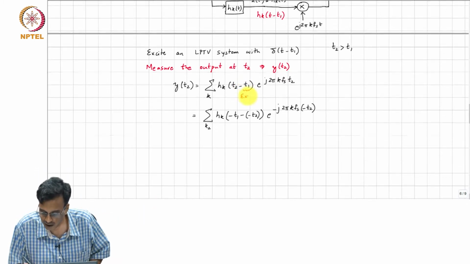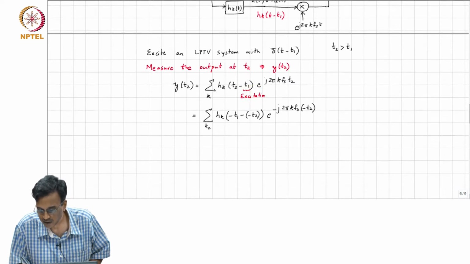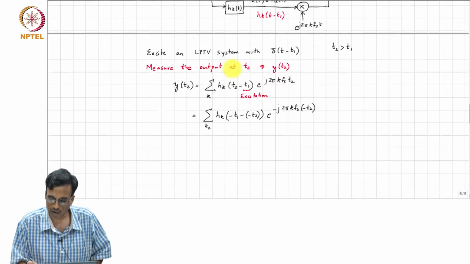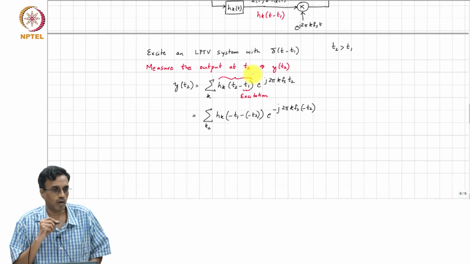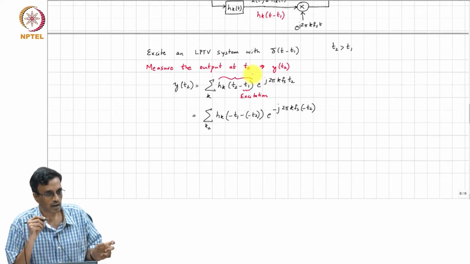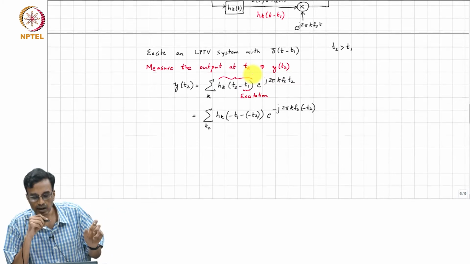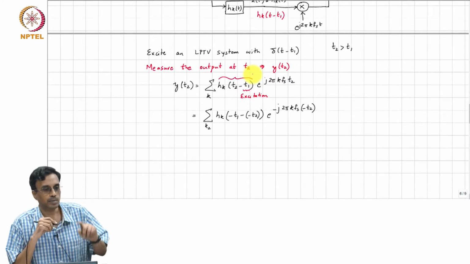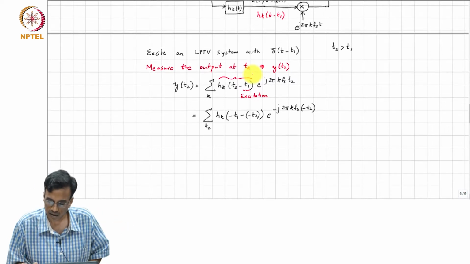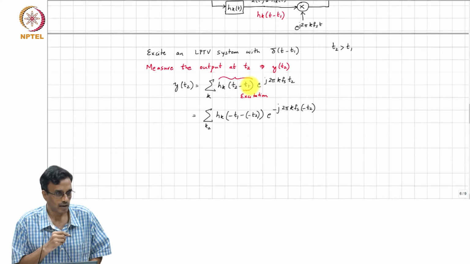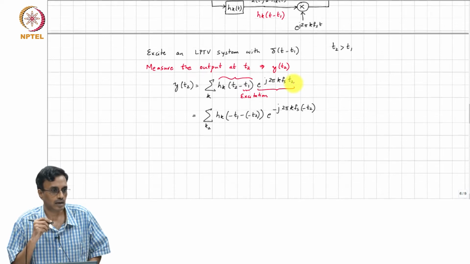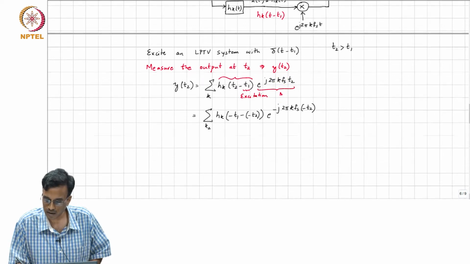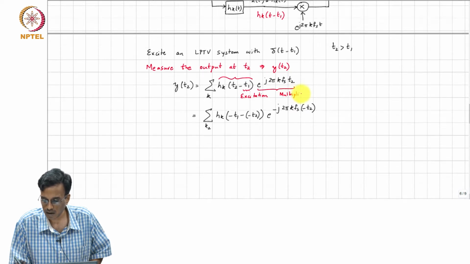So, this is the excitation. h sub k is the response of a time invariant filter excited at t1, observed at t2, and the output of that filter is multiplied by this factor. The multiplication is at t2.